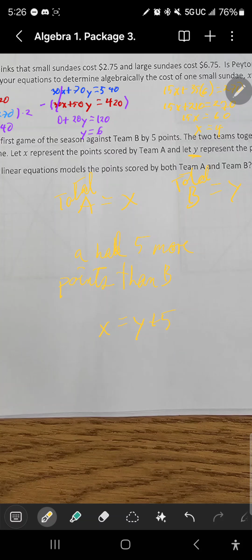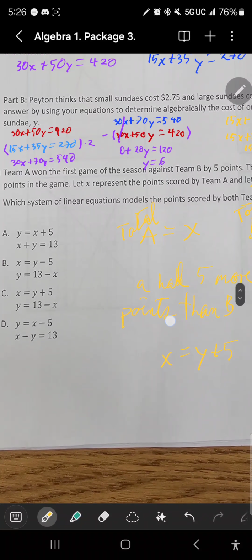Because we need to add 5 points to the amount of points from B. So I get that X is going to be equal Y plus 5.